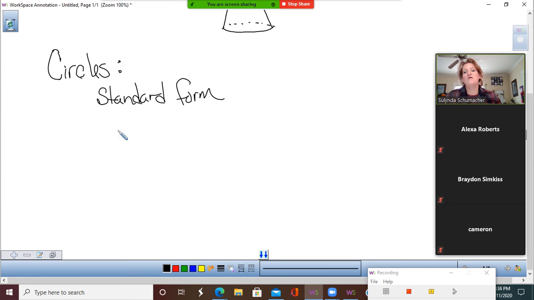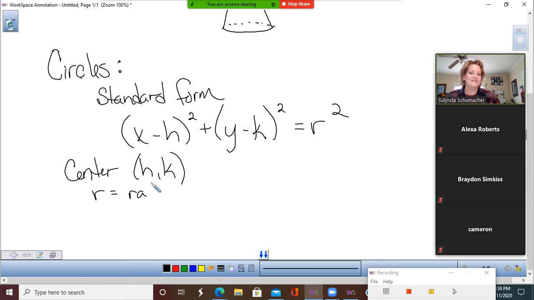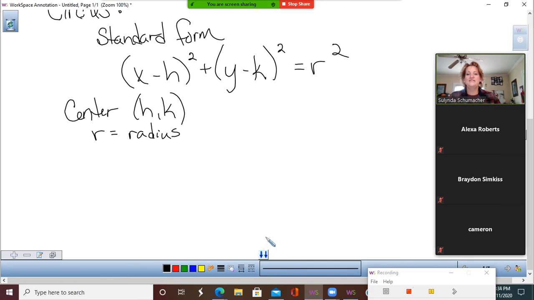All right, standard form is always in this form, (x minus h) squared plus (y minus k) squared equals r squared, where the center of our circle is at (h, k), and r is the radius of our circle. All right, so on your worksheet today, the first couple problems look exactly like this, looking at the formula and just pulling out the information.